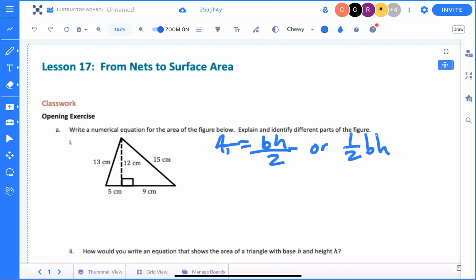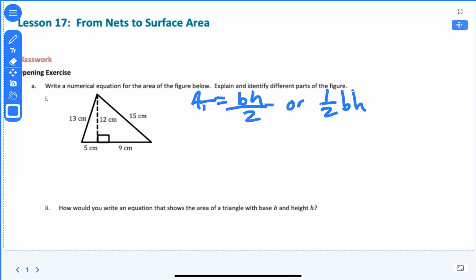Now, if we did that, how would you figure this triangle out? What would you consider the base and the height here? Okay, the height is 12.